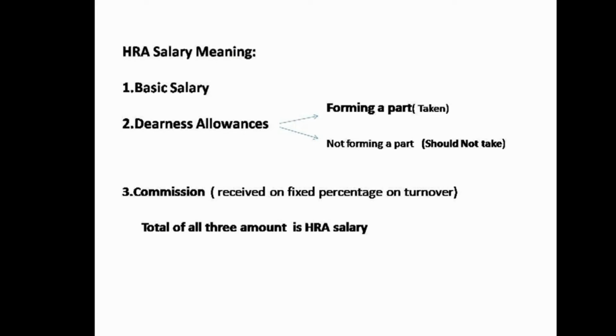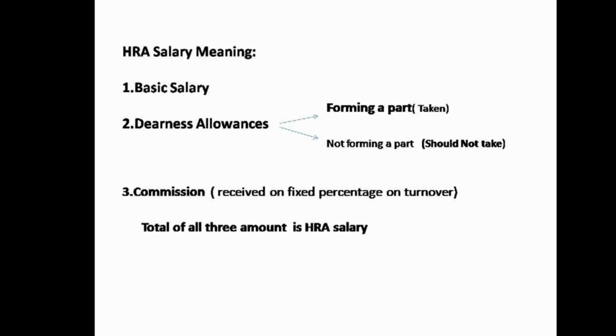For the purpose of HRA salary calculation, we have to take only the DA forming a part, as I have shown you. Forming a part should be taken, not forming a part should not be taken. Then the third one we have to take is commission, but the commission should be a fixed percentage of total sales. All the total amount should be considered as HRA salary. This is what we are going to apply in the rules.